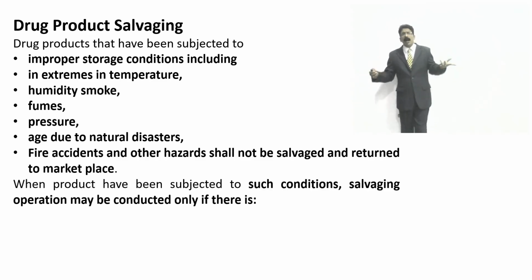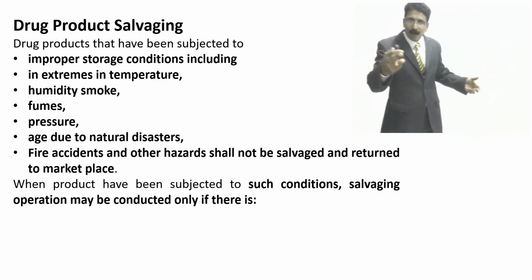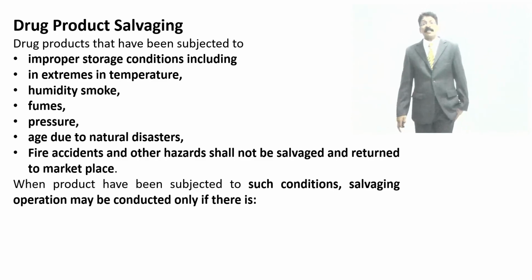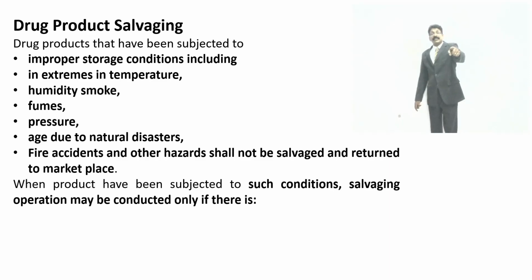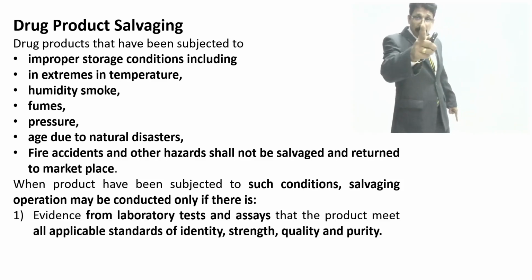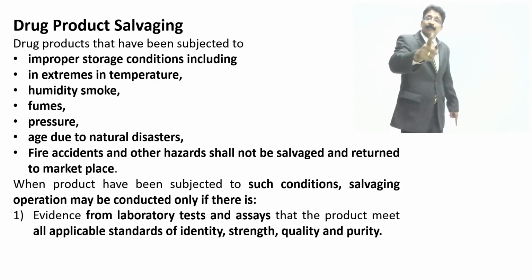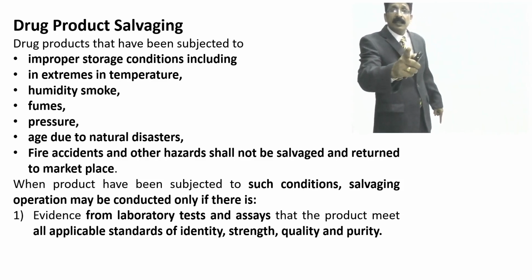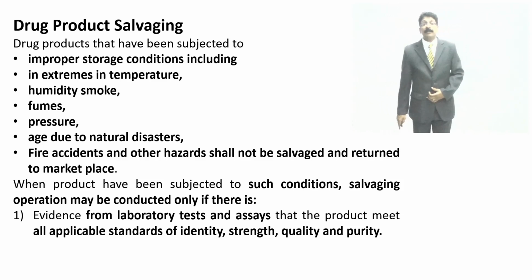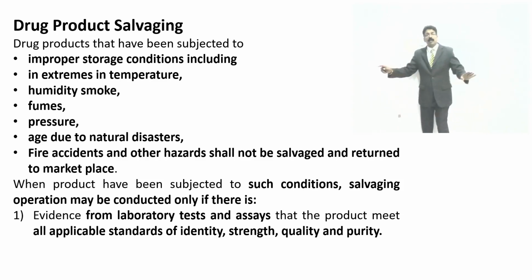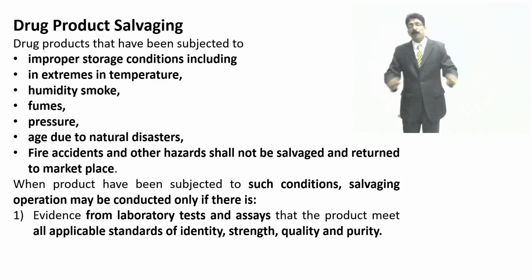Then what can be done? When the product has been subjected to such conditions, a salvaging operation may be conducted only if, number one, you have evidence from laboratory testing, after bringing the product into the premises and performing the assay, that the product meets all applicable standards of identity, strength, quality and purity.